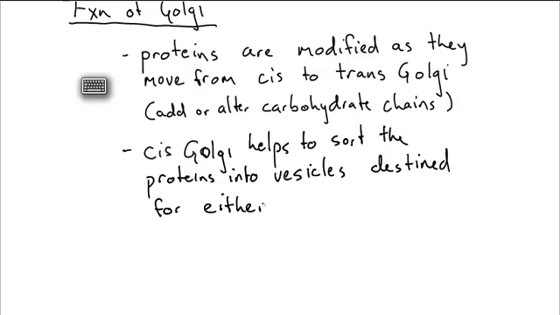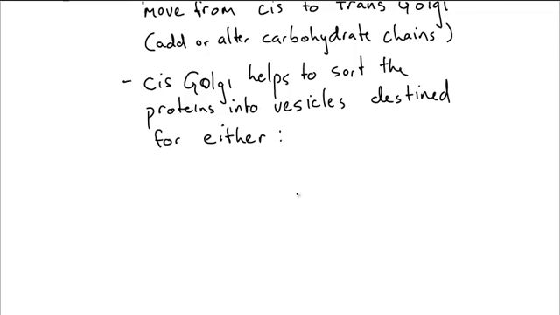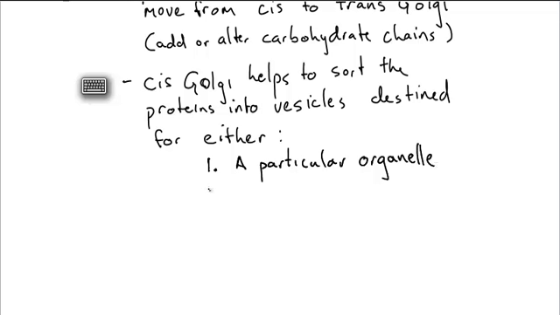And if you think back, all the proteins that enter the Golgi are those same ones that entered the ER, and we said proteins would enter the ER depending on them going to one of three locations. So it's the same idea again. The first could be if they were targeted to a particular organelle, such as a lysosome. They could be packaged into a different vesicle that might be destined for the plasma membrane.